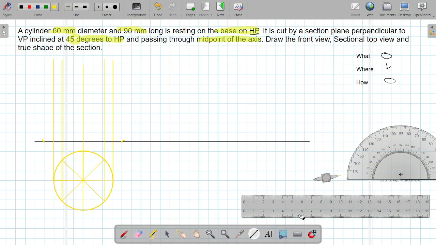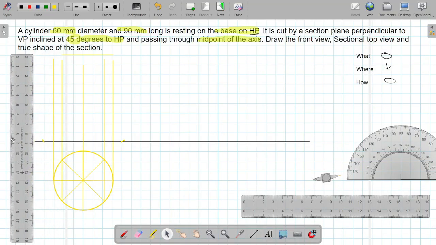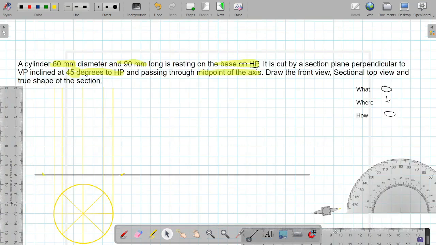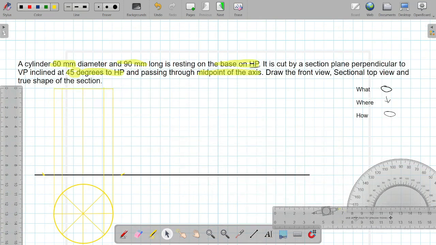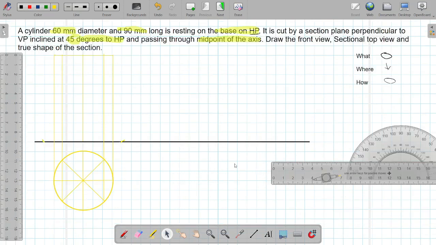Now on this we have to measure 90 mm, because the height is given as 90, and we will extend these lines. I will close this, which completes the cylinder part. Now let us name these points.